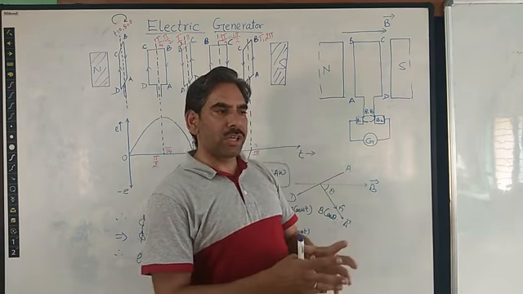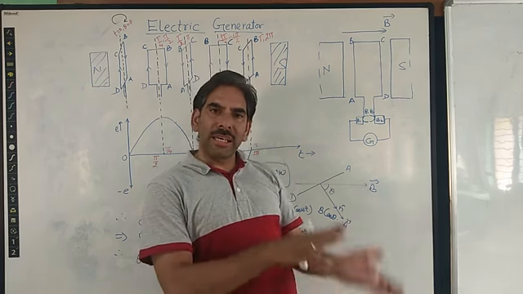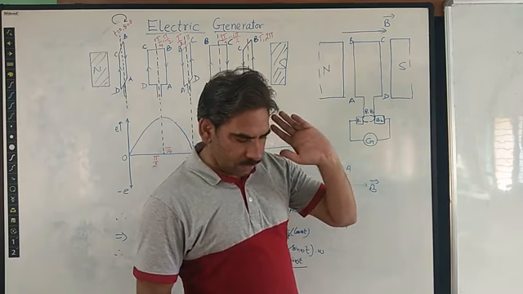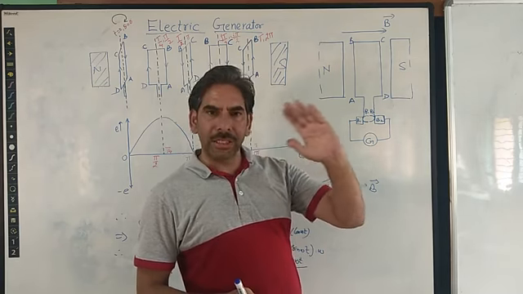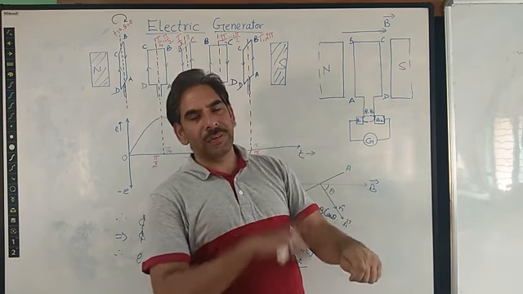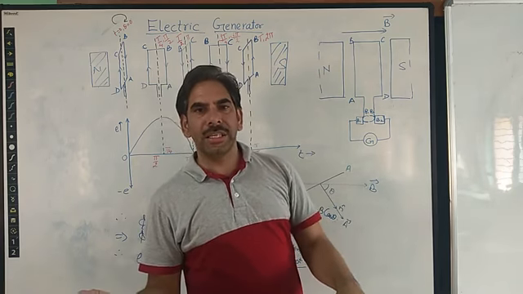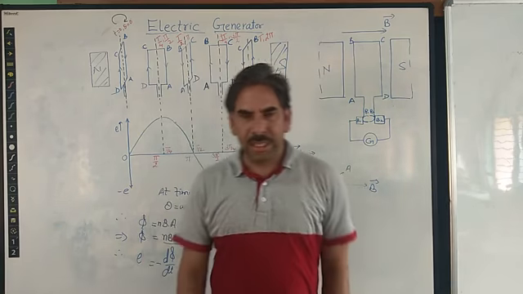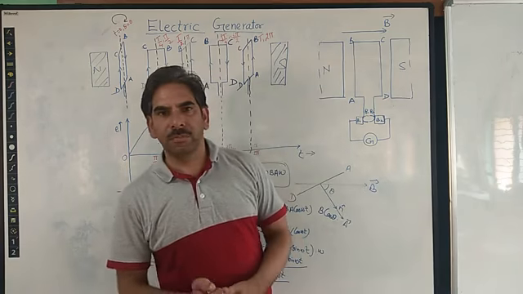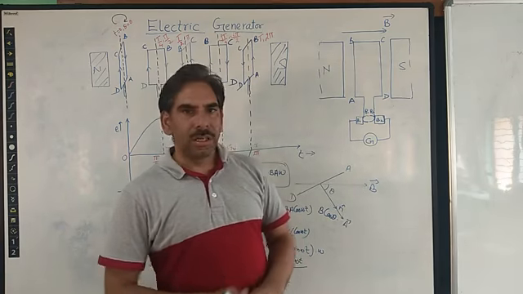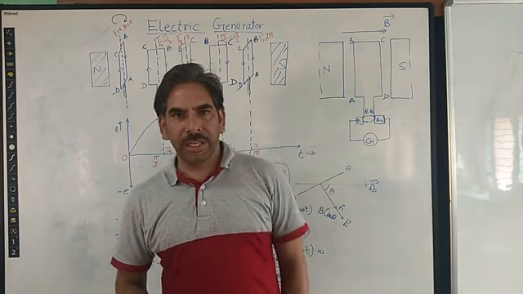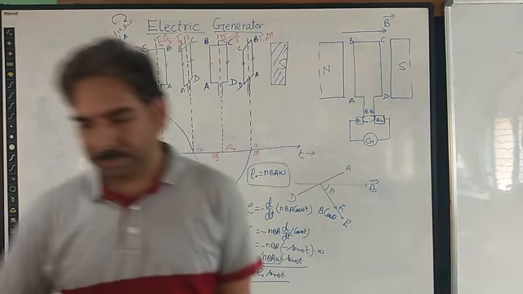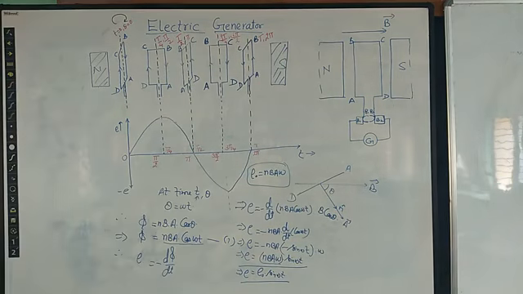So a DC motor can be used as a DC generator if we spend mechanical energy to rotate it. It will give output as DC current. So that is the DC generator, and that is all about this topic. In the next class, we will take some questions on the electric generator.